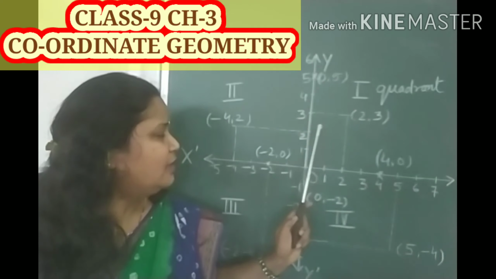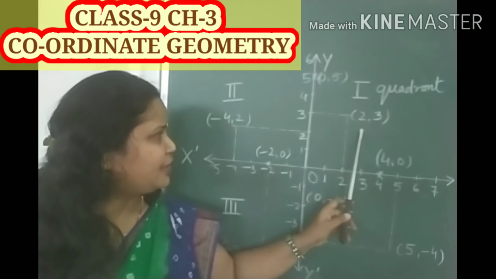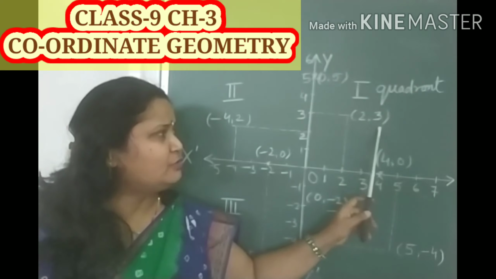So children, if I take this example, this point I have denoted as (2, 3).